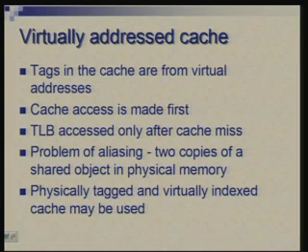There is another approach which is somewhat in between a virtually addressed cache and a physically addressed cache, and it tries to get the best of both worlds. We call it a physically tagged and virtually indexed cache. That means, let me explain with reference to this diagram.